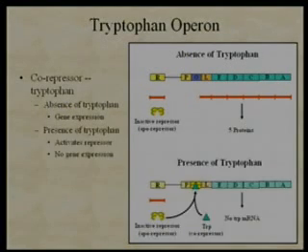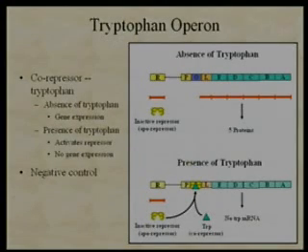In the presence of tryptophan, the co-repressor tryptophan binds to the inactive repressor and now activates it. And so once activated, the repressor can bind to the operator, turning off transcription of those genes. Again, this is negative control because the role of the repressor is ultimately to turn the genes off.